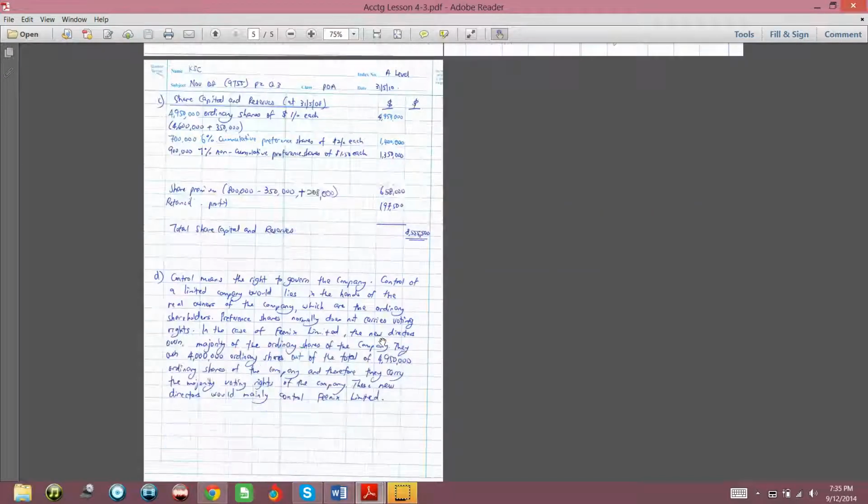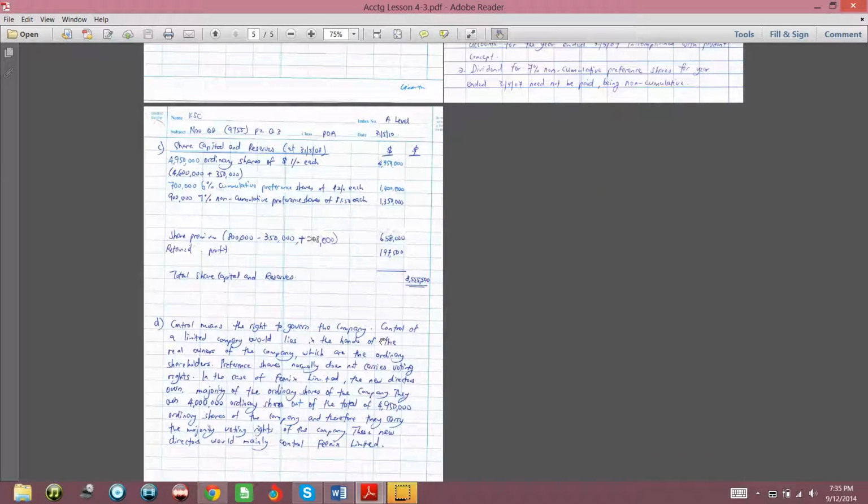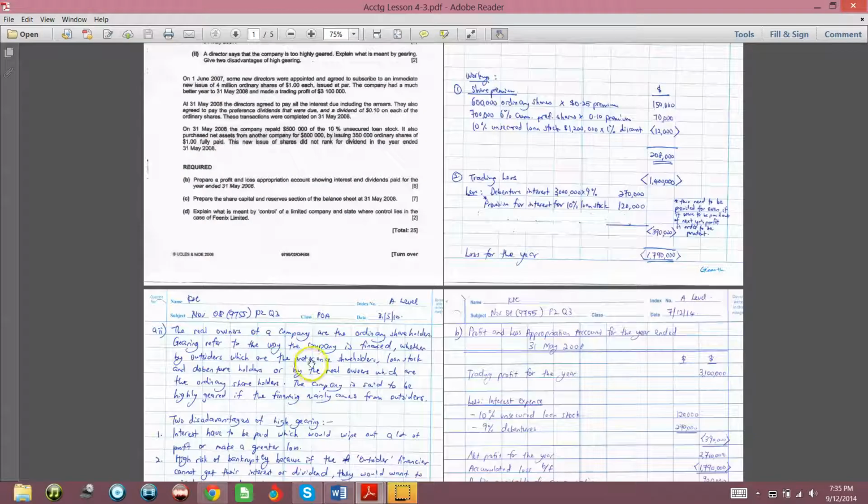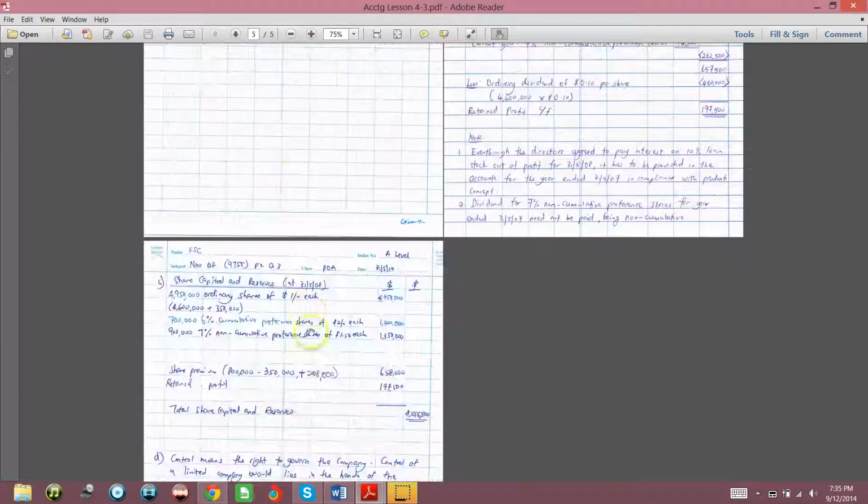Share premium account. 800,000 minus 350,000. So 800 refers to this one, minus 350. I am calculating the premium.